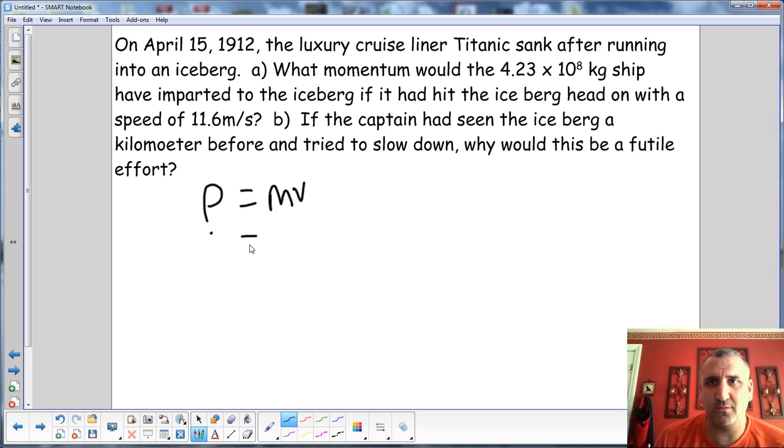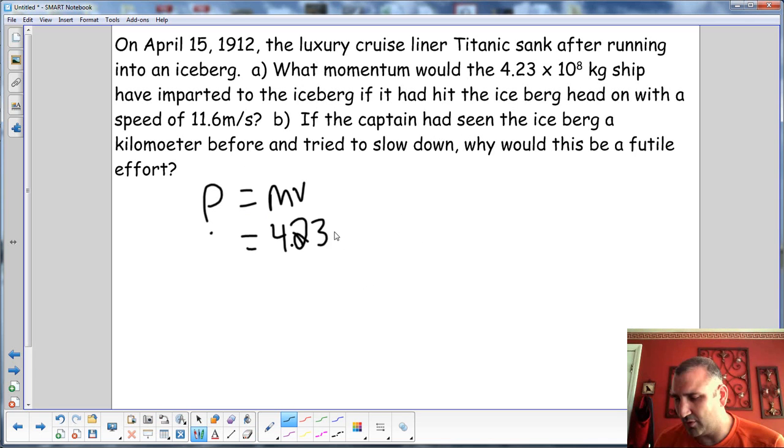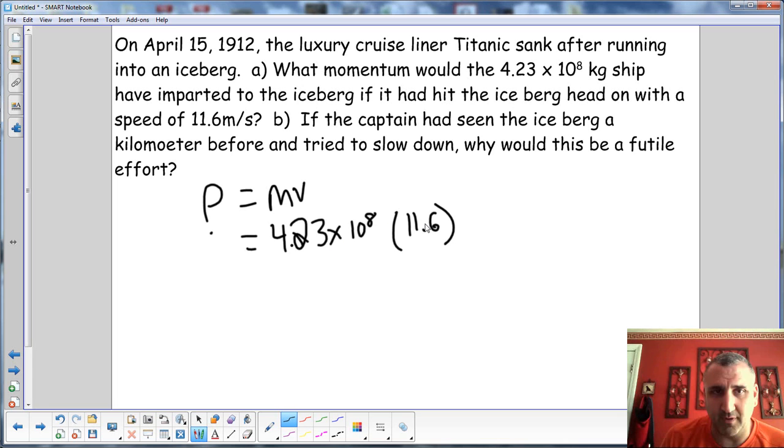So we're going to end up with a very, very large momentum transferred. 4.23 times 10 to the 8th times 11.6 is going to be really, really big: 4.9068 times 10 to the 9 kilogram meters per second.